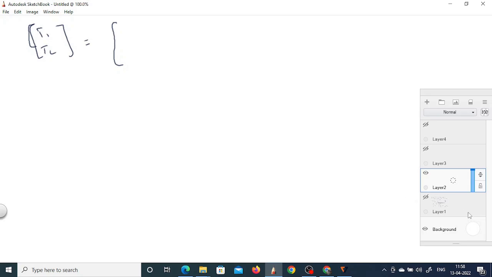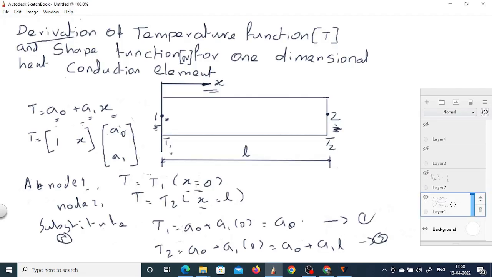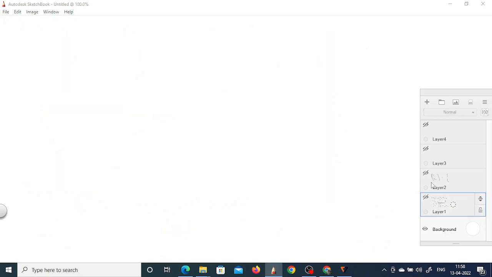How do I write this? Here you see T1 is equal to A0, but it does not have any A1 element. So A0 has coefficient 1, A1 has 0. And according to the second equation, A0 has 1 and A1 has the coefficient L. So the rows are 1, 0 and 1, L. Likewise, I can convert this into matrix form.